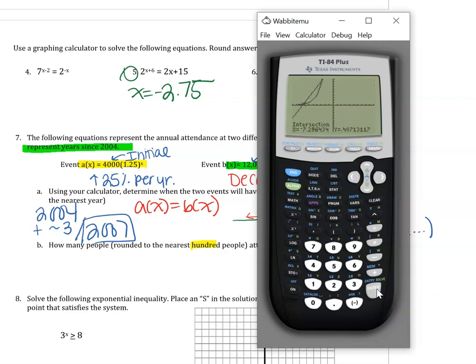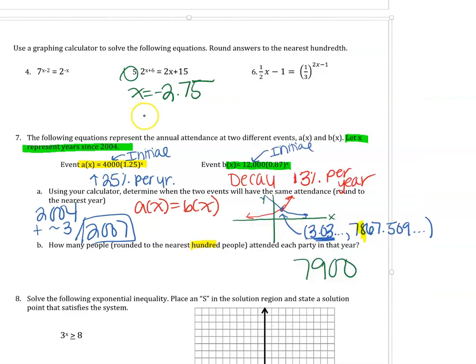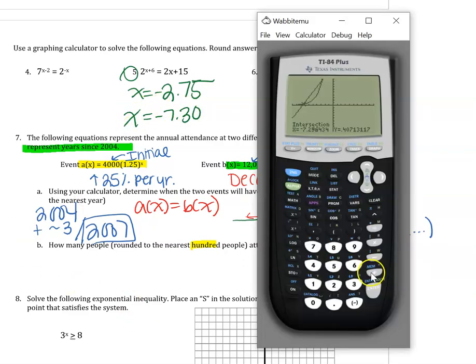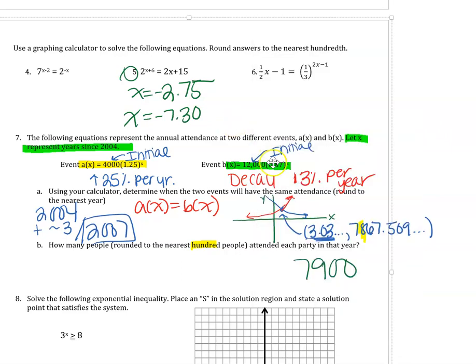Notice how now he found him, and that's negative 7.296, so that's negative 7.30. Okay, and that's how you'd solve those. So this was just a nice one to hit up only because there were 2 intersections and you had to move the little guess option around.